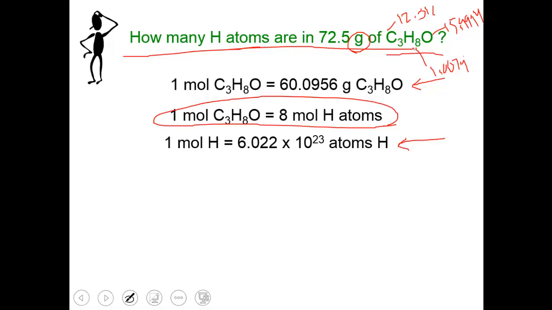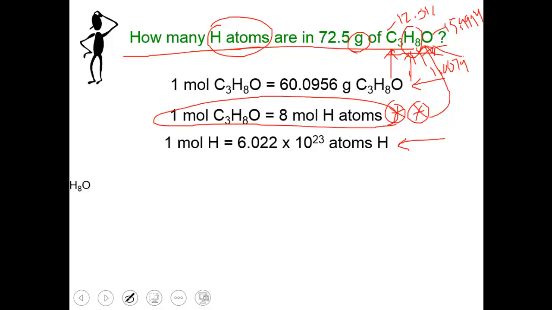But you need to know how many moles of hydrogen are in a formula of this. So in 1 mole of C3H8O, there are 3 moles of carbon, 8 moles of hydrogen, and 1 mole of oxygen. And so you need to write down this conversion factor by looking at the formula, okay?